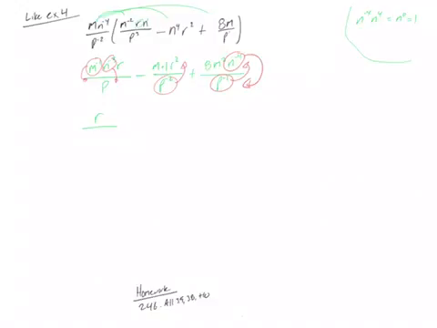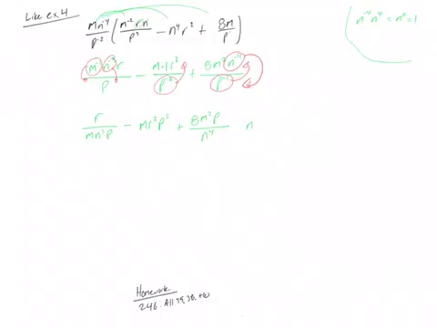On the denominator, I'm going to have m n cubed p minus, this is going to give me, I don't need to write the 1 there, so it's just going to be m r squared p squared plus 8m squared p over n to the 4th.